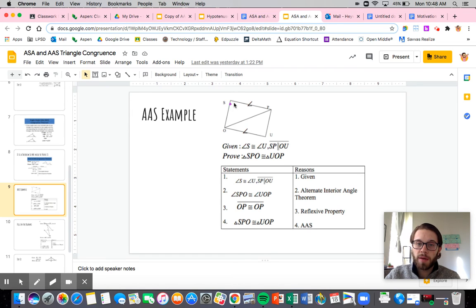Let's just also mark off what we have. So we have that. And then we are using alternate interior angles to get these two angles. So we have an angle, angle, and then our shared side is reflexive. So it's an angle, angle, side. All right. So remember, the side is not in between anymore.